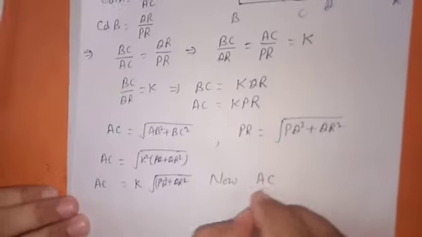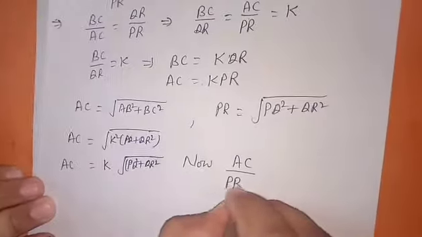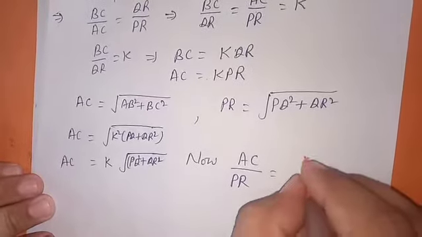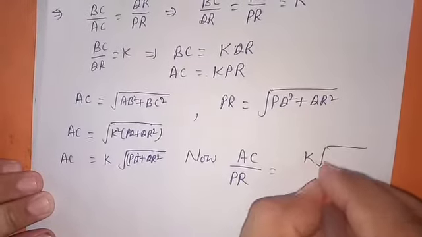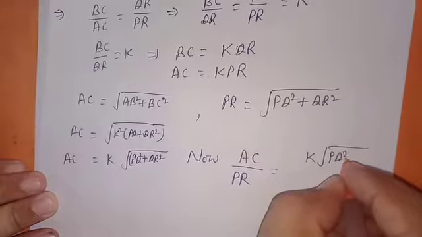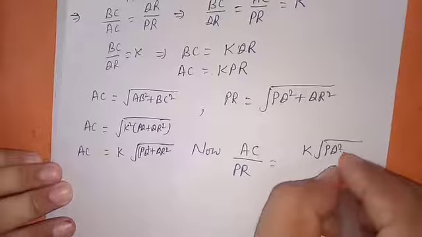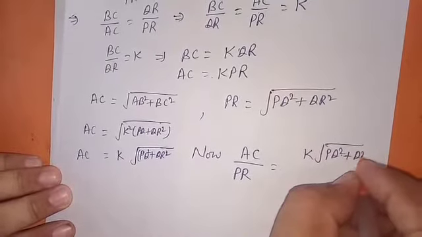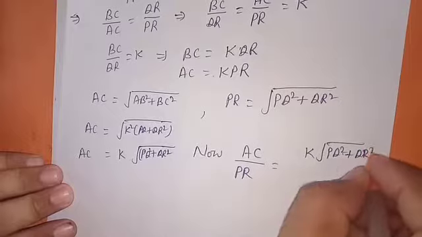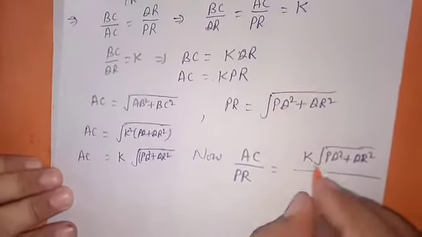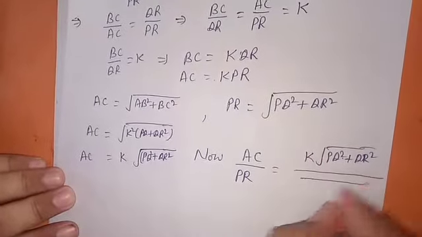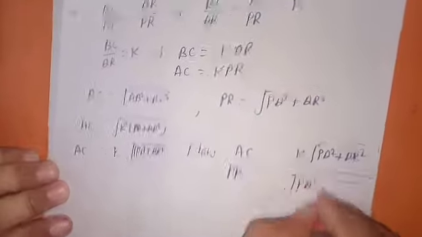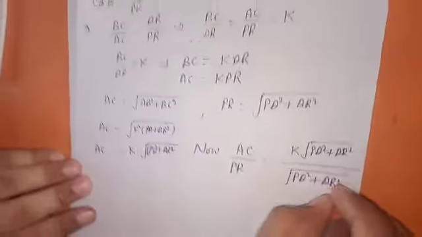Now AC by PR is equal to K under the root of PQ square plus QR square, by the root of PQ square plus QR square.